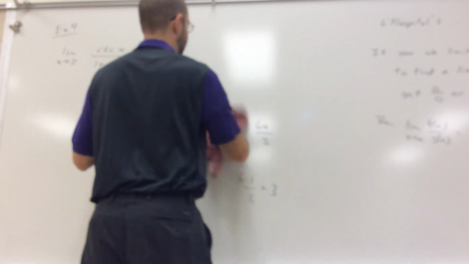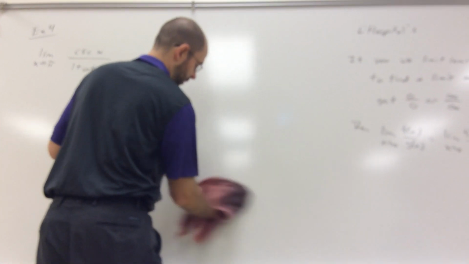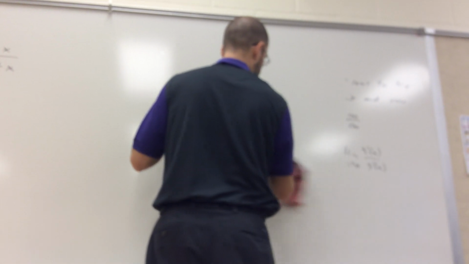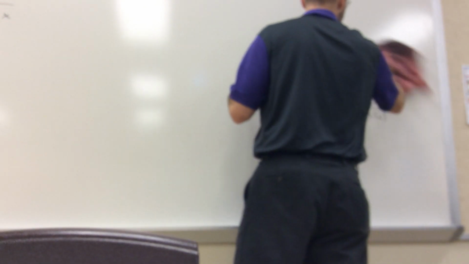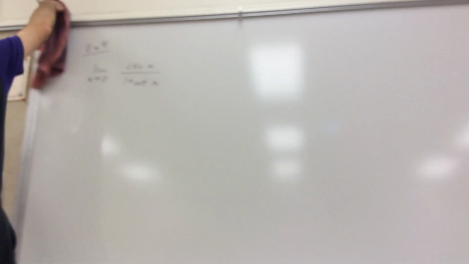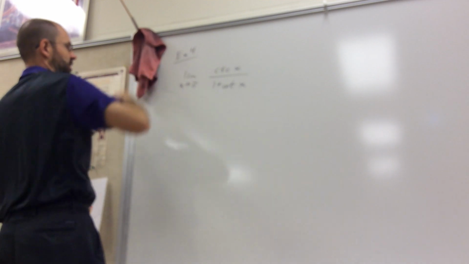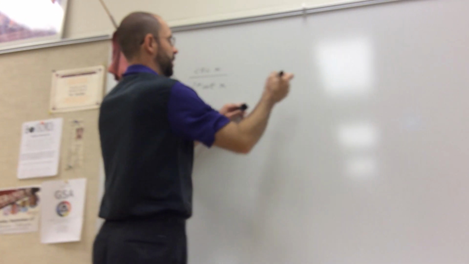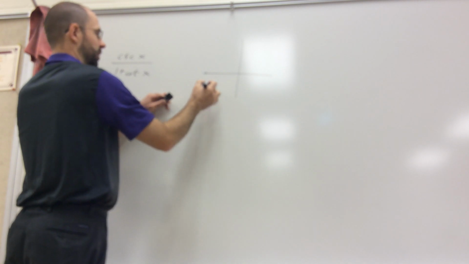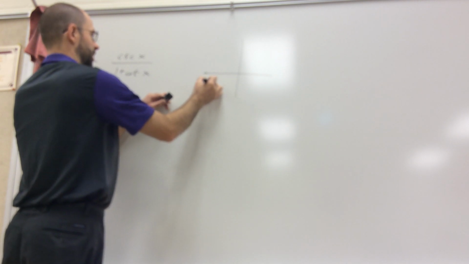So this is a little bit hairier because it's got trig in it. Anytime we've got trig in the problem, it makes it a little bit tougher, but still not going to be too bad. So let's look at our unit circle. Pi is over here. It's the point (-1, 0).